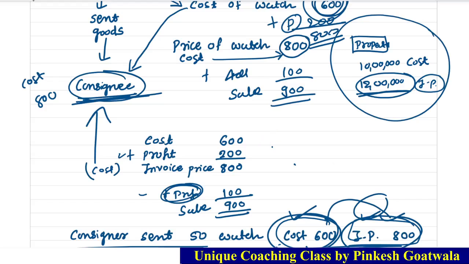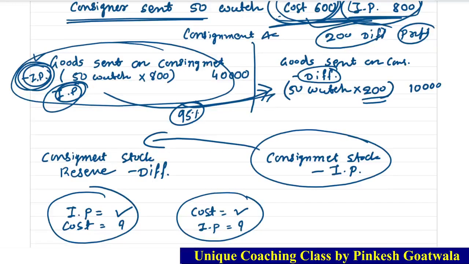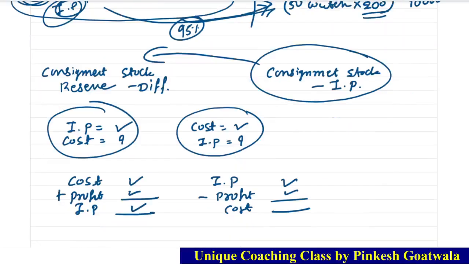Remember, right now we are going to understand how to find cost if invoice price is given, and how to find invoice if cost price is given. Remember this basic point: cost plus profit is equal to invoice, invoice minus profit is equal to cost. Just remember this point and you can easily understand how to find it out.